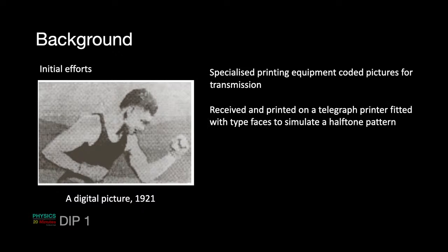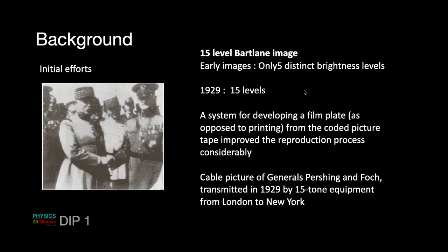So as you increase the number of levels, your tonal quality improves. And this was printed not by a normal printer, but it was transported onto a film plate which was developed. So it was developed by a much better method. It was 1929.